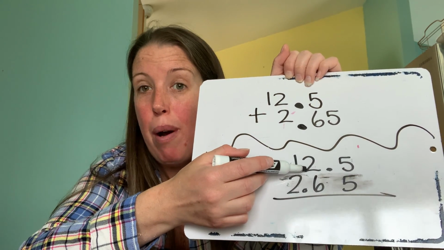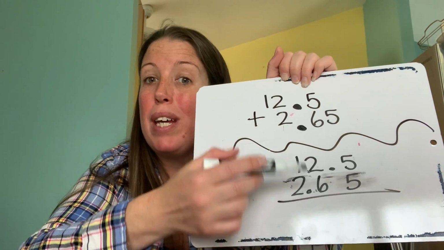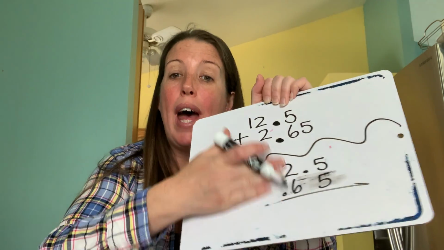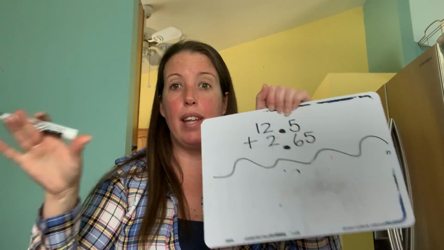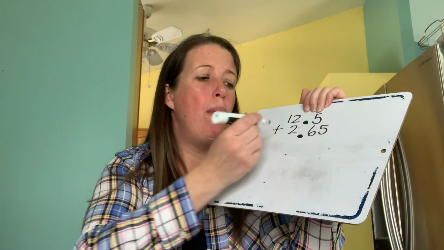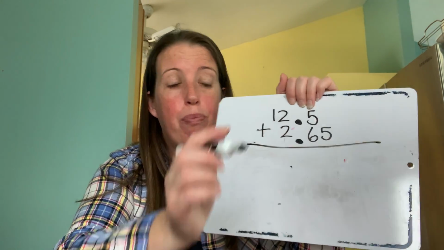And this number here represents ones, where this digit represents tenths. So we can't add those together. So that's why having the place value chart doesn't make us feel like things are uneven, where here it kind of feels that way. But as long as your decimal points are lined up, you're good to go.